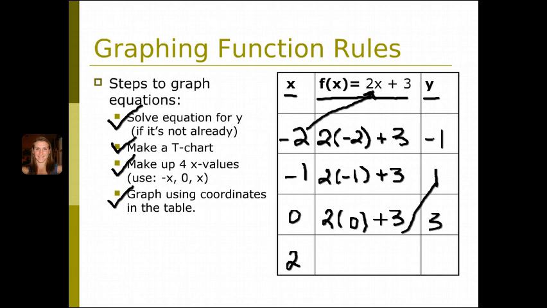And then 2 times 2 plus 3 gives me 7. Therefore, my ordered pairs in the first row are -2, -1. Second row, -1, +1, 0, 3, and 2, 7. And those are what we would graph on our coordinate plane.